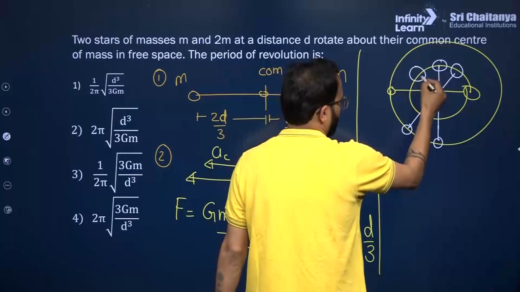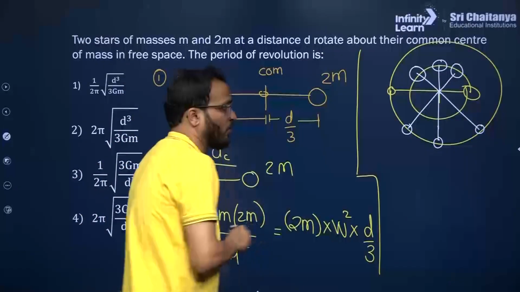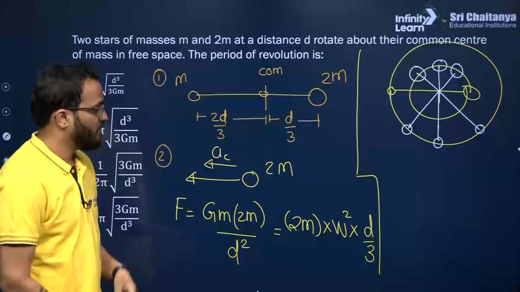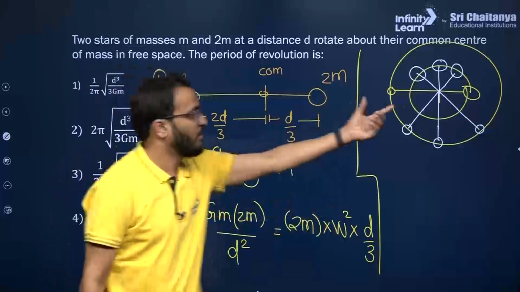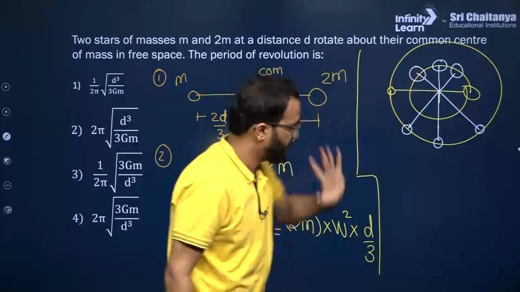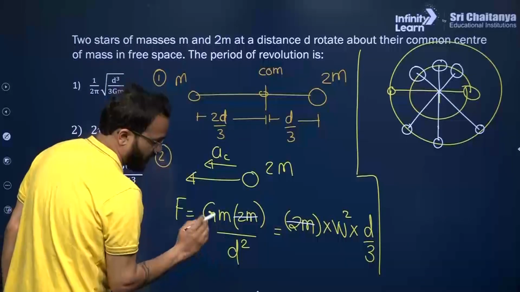So when this is here, it is here, like this. You understand? So the smaller one is rotating in a bigger radius and the bigger one is rotating in the smaller radius. So that is why I am saying the radius for the bigger one will be d by 3. For the smaller one it will be 2d by 3. Clear?